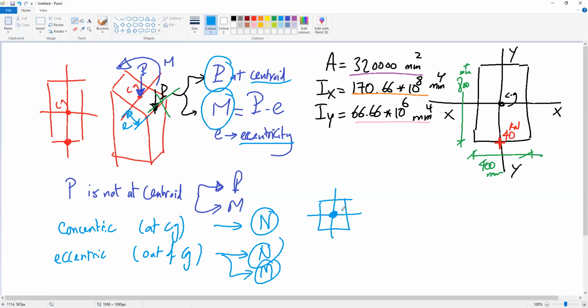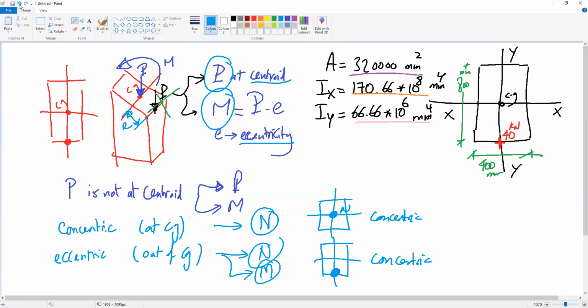If the load is here at the centroid, this is N, so this is a concentric load. Here the load is out of the centroid, so it is called an eccentric load, and we need to replace this load with a moment and a force N.